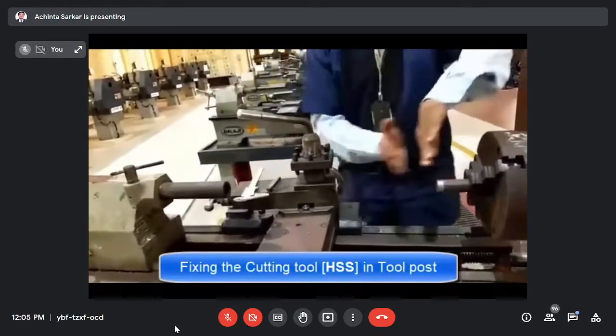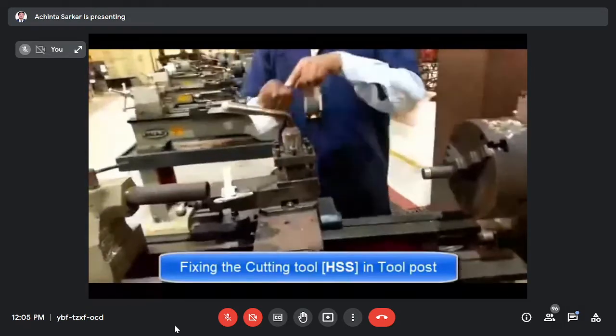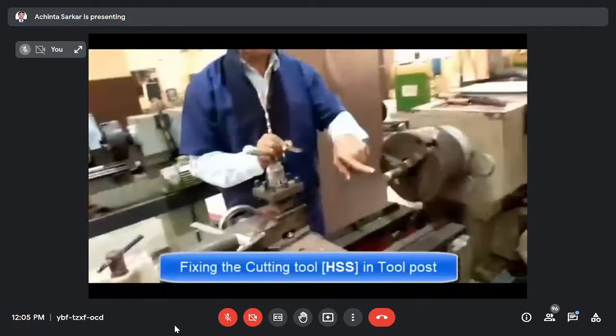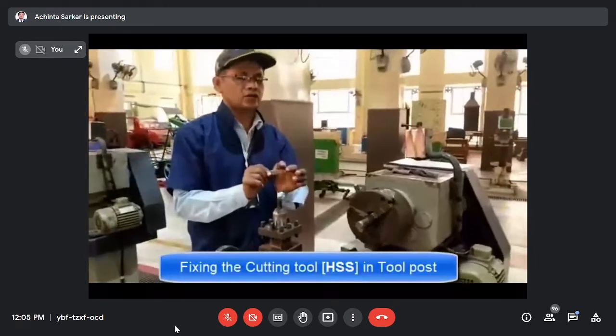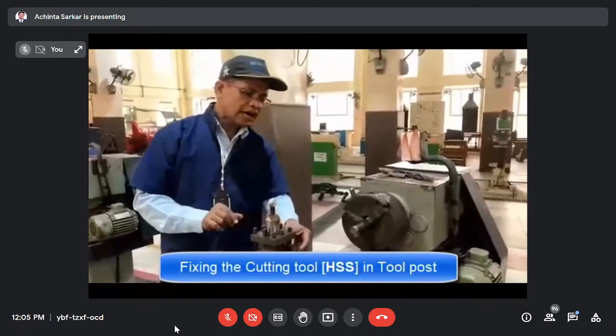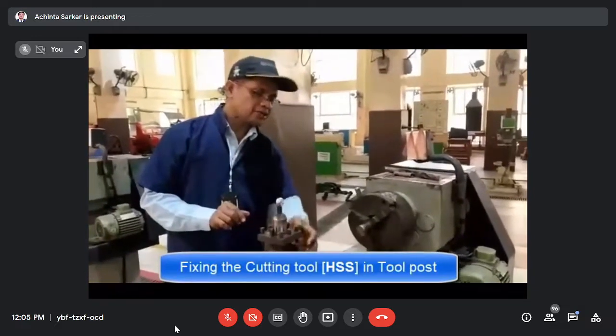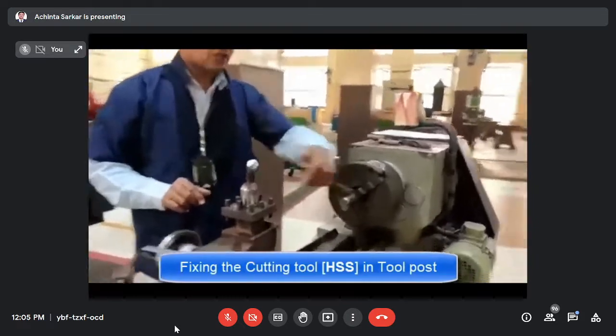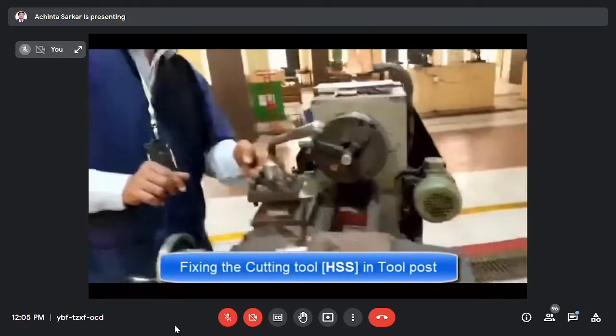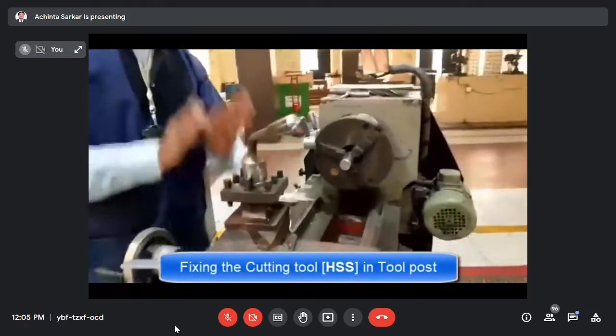The side nearest to the workpiece, where the cutting point will be perpendicular to the axis of the workpiece. On that side you have to set your cutting tool. That means the cutting tool will be perpendicular to the axis of the workpiece, so you can hold your cutting tool on this side; it will be easy and suitable.